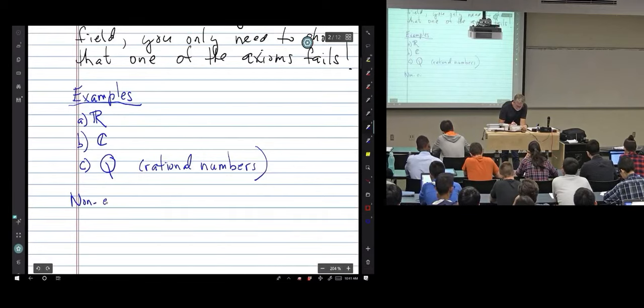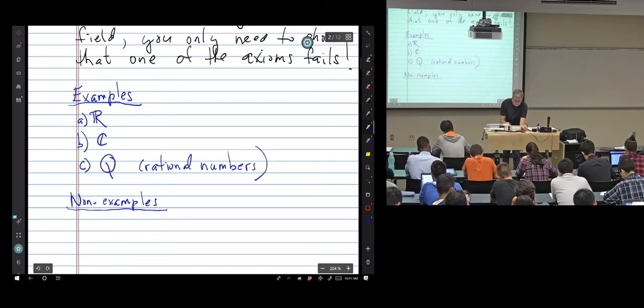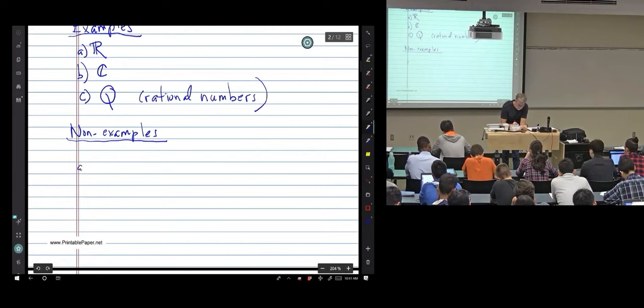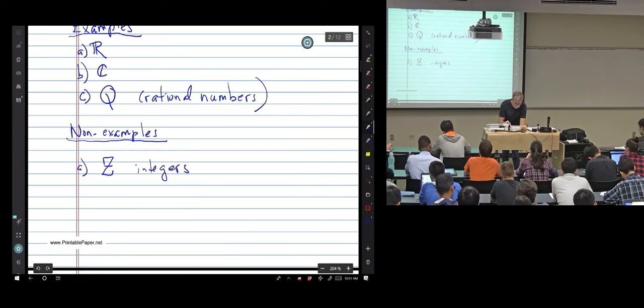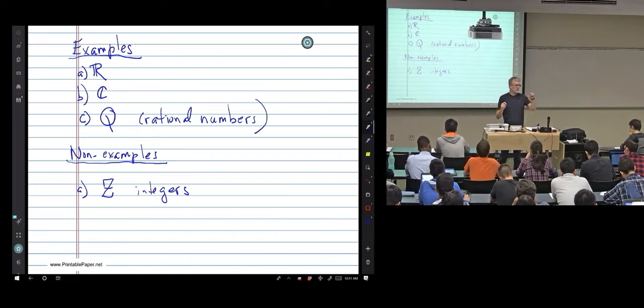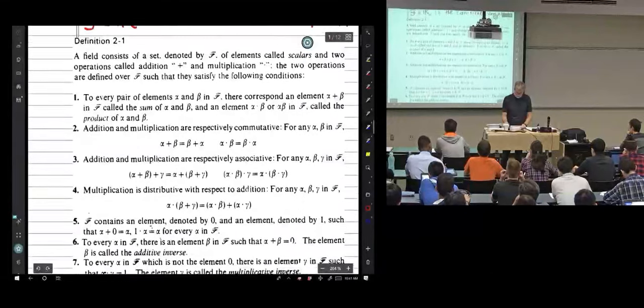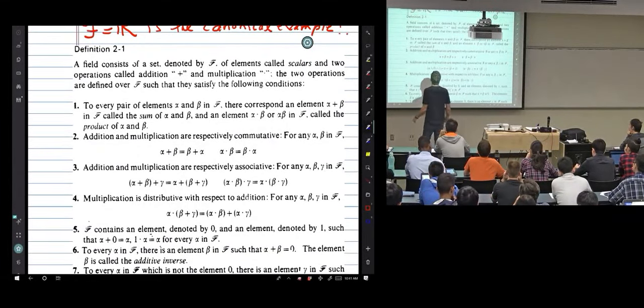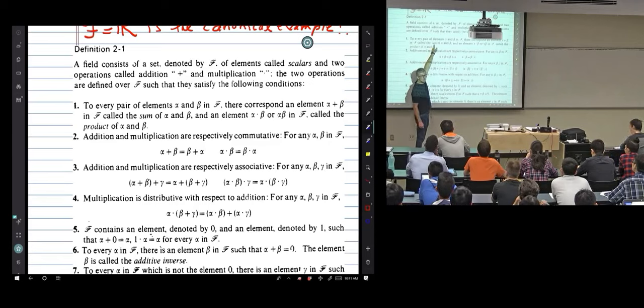Non-examples. Okay, A. The integers. Okay, remember the integers? 0, 1, 2, 3, 4, 5, minus 1, minus 2, minus 3, etc. Do I know how to define addition and multiplication of integers?